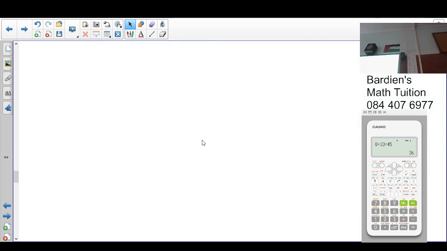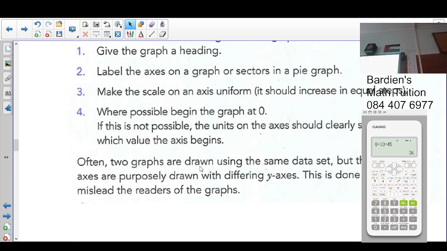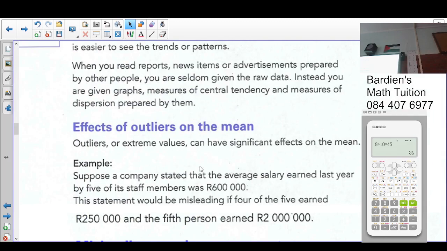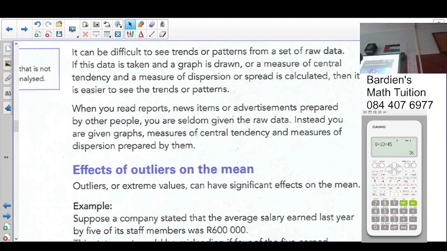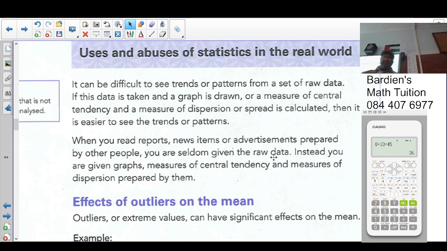Okay, but we need to start probability in our next lesson. So you're going to read through this. If you don't want to read, you can go through the last year's lesson, and then you can take it from there. Okay. So this basically brings the statistics, so data handling to an end.